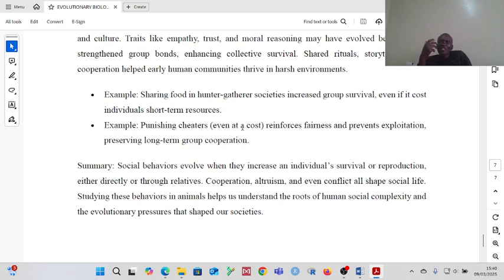So when we study these behaviors in animals, then we are able to understand how the social complexity of human societies has developed. Okay. And which pressure, from an evolutionary perspective, has been shaping our societies. Okay. So why is it, for example, when did people begin to fight?